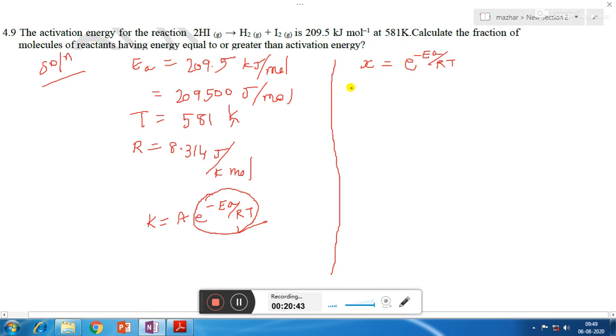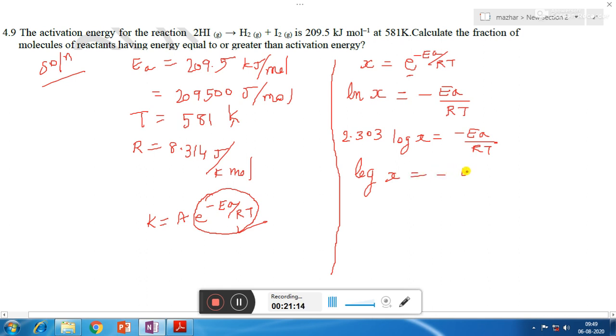Now for that, first of all we have to remove the exponent. So when we take the natural log on both sides, the natural log of x equals minus Ea upon RT. Now if we want to convert natural log into simple log, we have to multiply with 2.303. So 2.303 log x equals minus Ea upon RT. So log x equals minus Ea upon 2.303 RT.